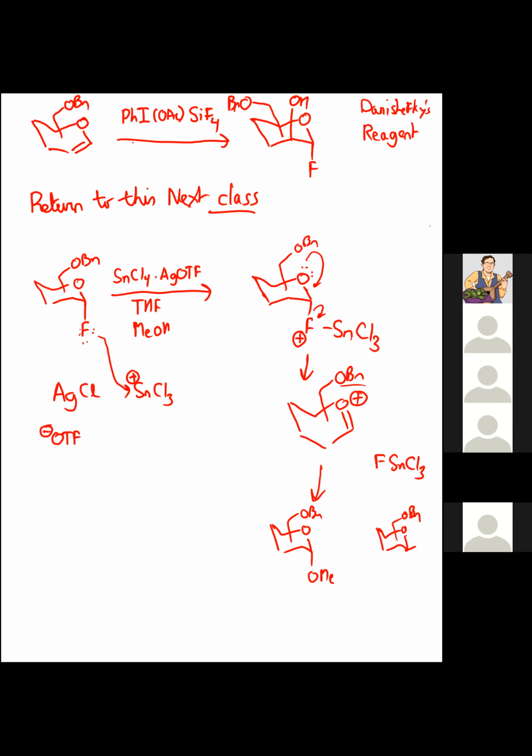Because that's the way it works. That's not particularly useful. You know, nobody wants a 2-to-1 mixture of stuff.